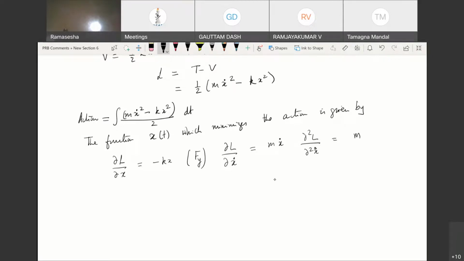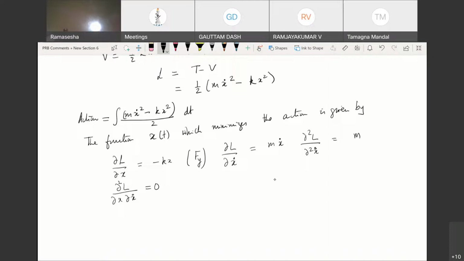Okay, so that is one thing that I will get, and then all the others are zero. Del squared L by del x del x is equal to zero.